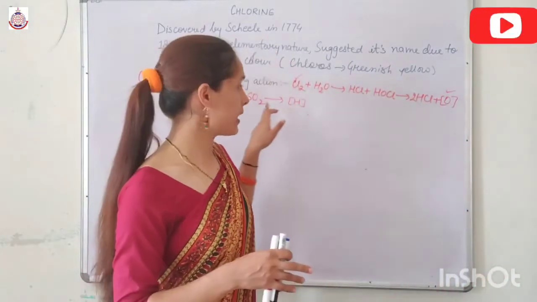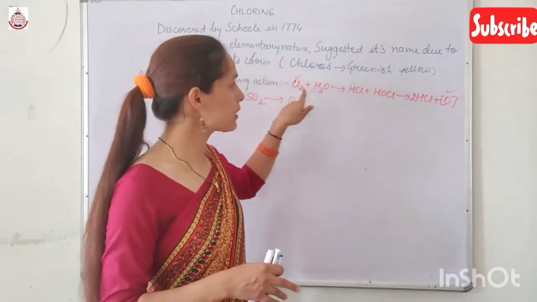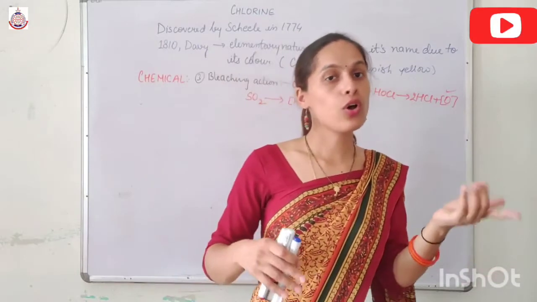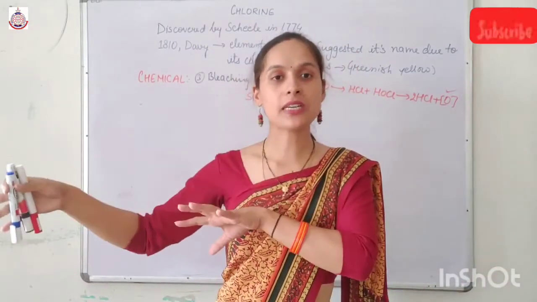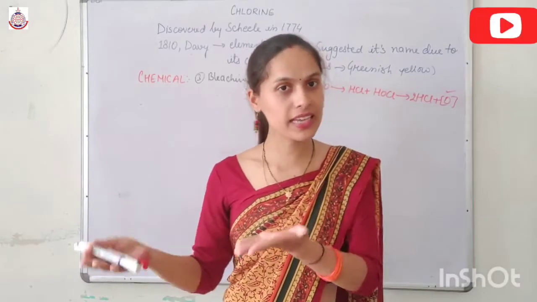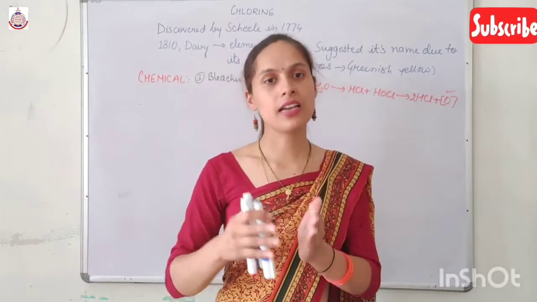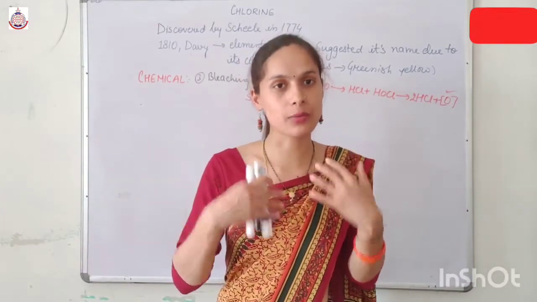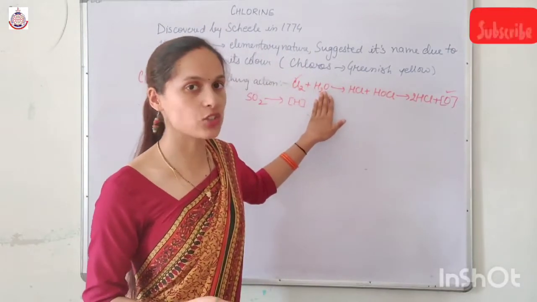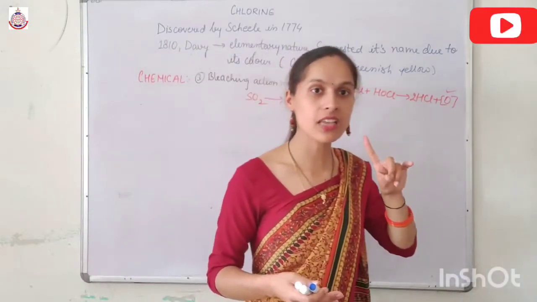So that's why the bleaching action of sulfur dioxide is temporary. But in chlorine, the bleaching action is due to oxygen. So whenever we keep that substance in the air, it remains oxidized, and the substance remains colorless. So that's why the bleaching action of chlorine is permanent, while the bleaching action of sulfur dioxide is temporary.